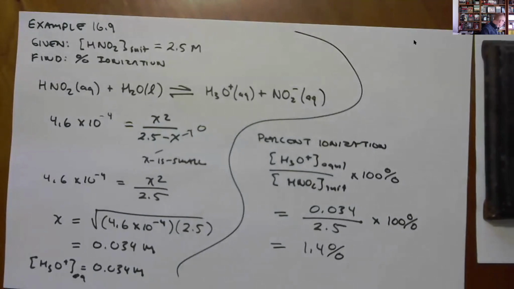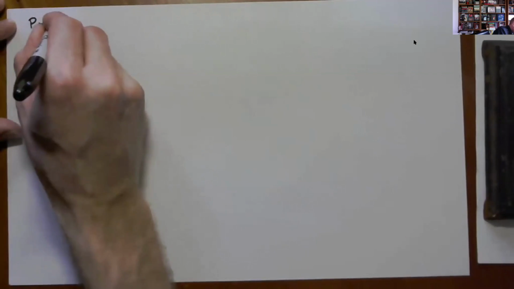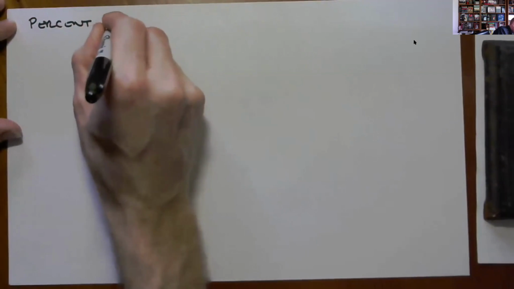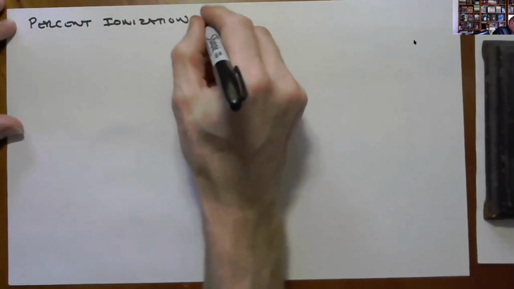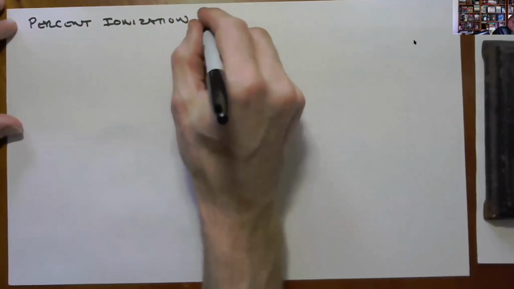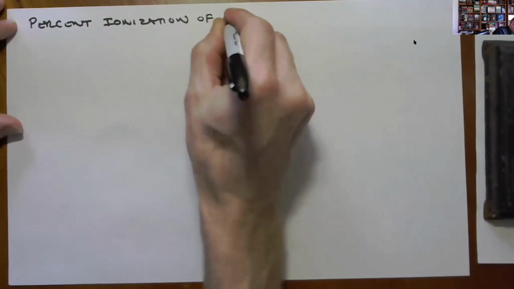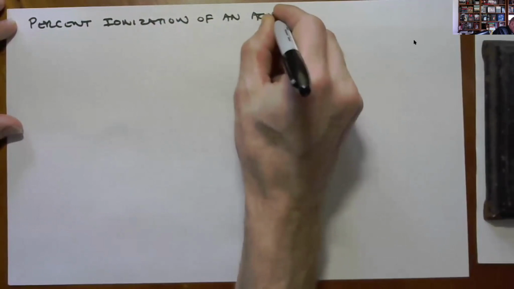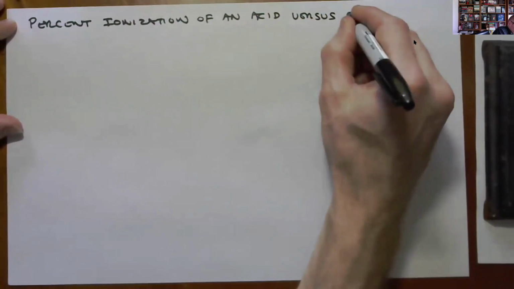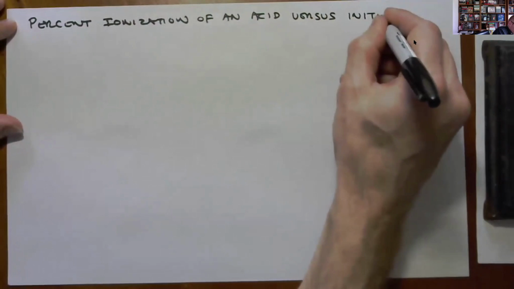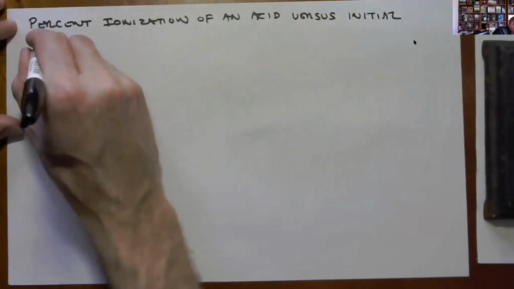So we see a generality here: percent ionization of an acid versus concentration, specifically versus initial concentration.